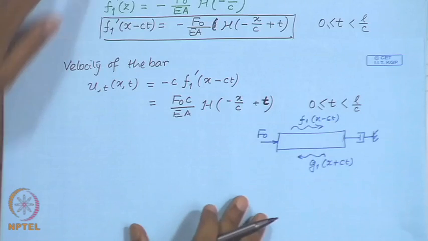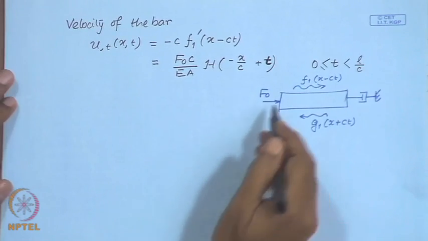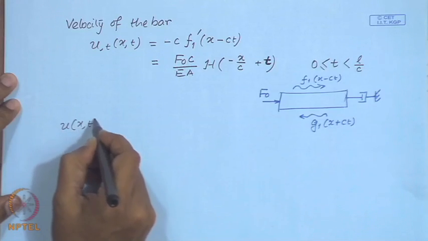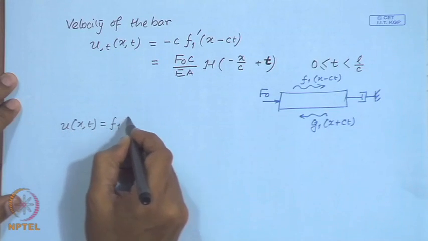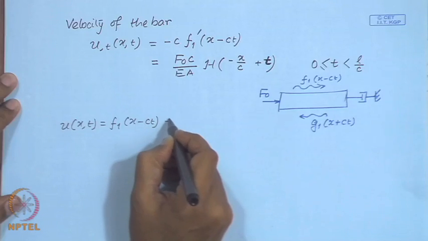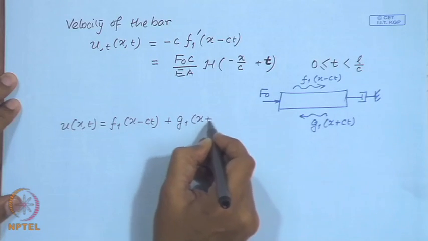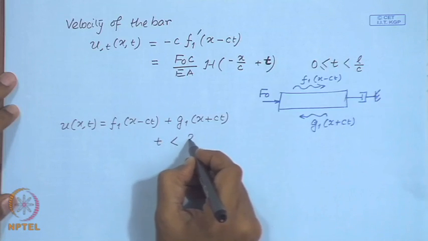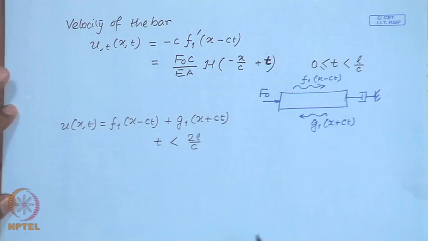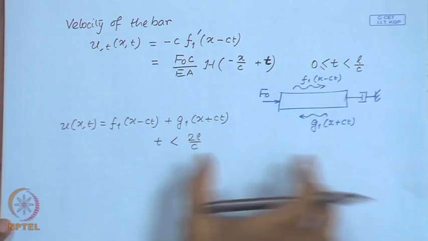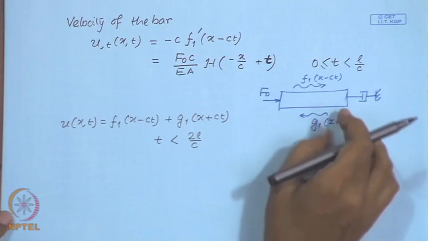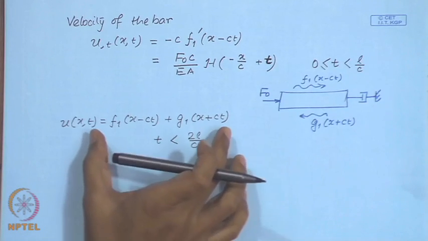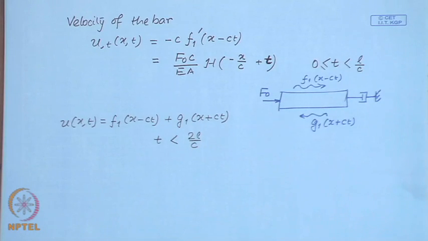So, the total wave field therefore, in this situation, and this is valid till this wave does not hit the left boundary once again. So, till that time this is going to be the form of solution.